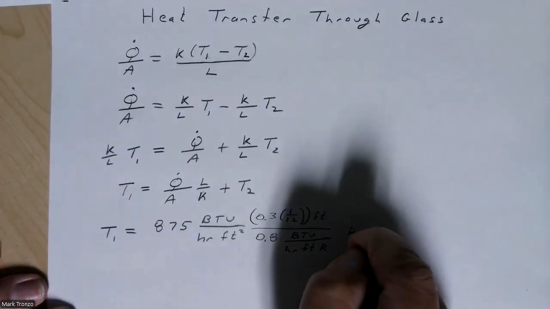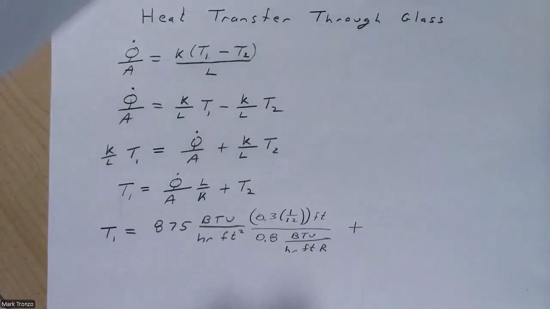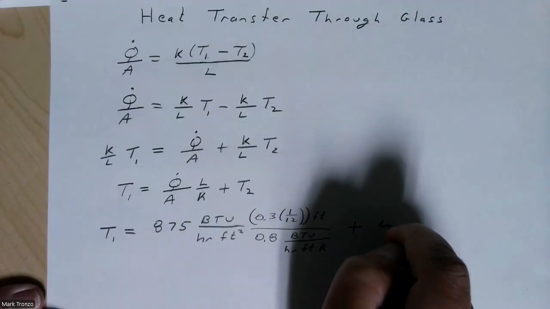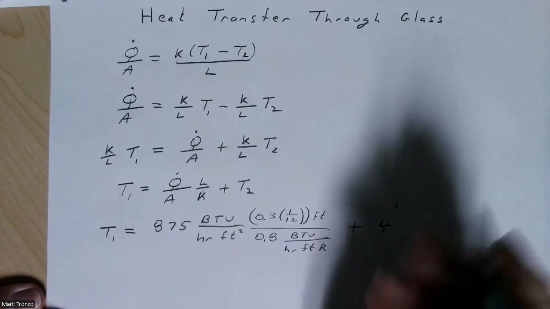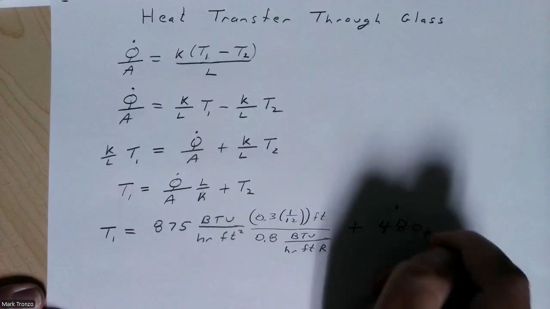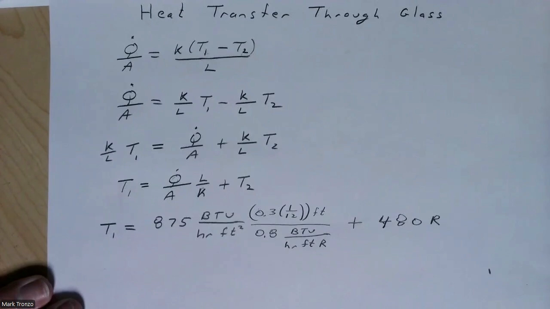And that's going to be plus our T2. Now our T2 was 20 degrees. I'm going to change that to Rankine just so everything is correct. Because we're working with differences, we don't have to do that, but just to be sure, let's go ahead and do that.